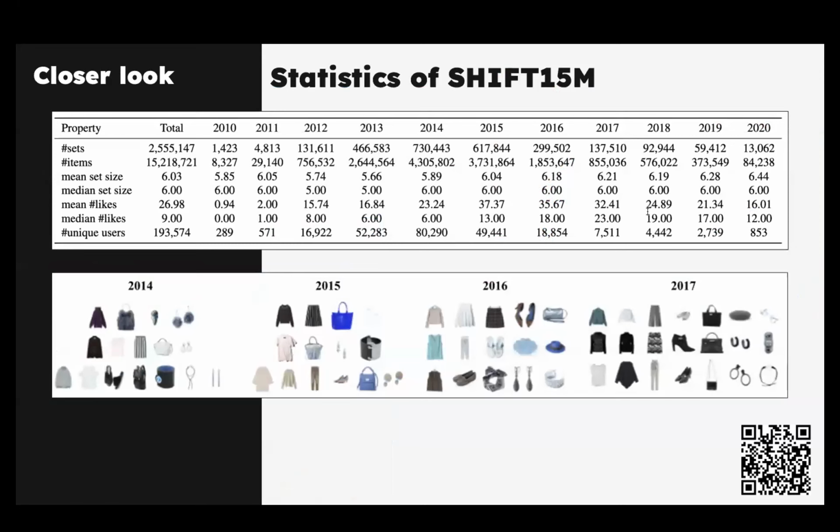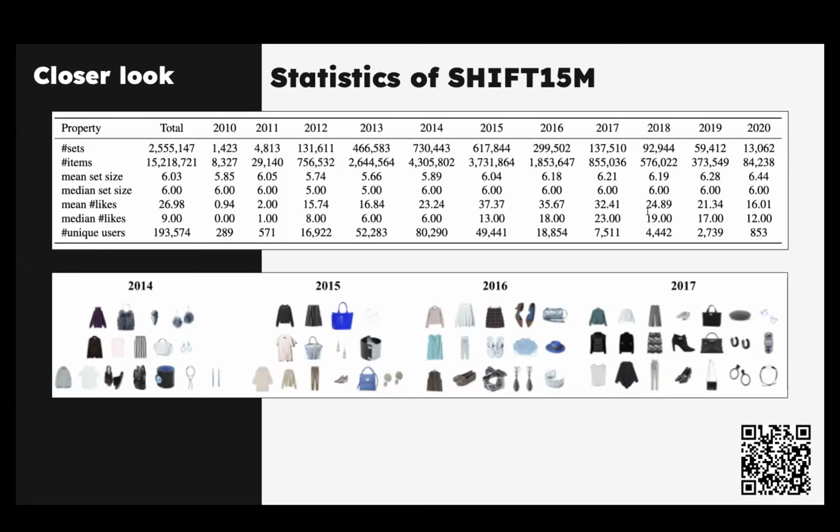So next, let's check some statistics of our datasets. First, as I mentioned before, our dataset is accumulated over a decade from 2010 to 2020. The total number of posted sets or outfits is about 2.5 million, and the total number of items is about 15 million.